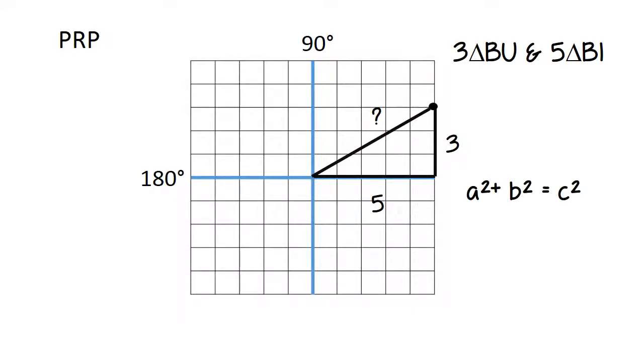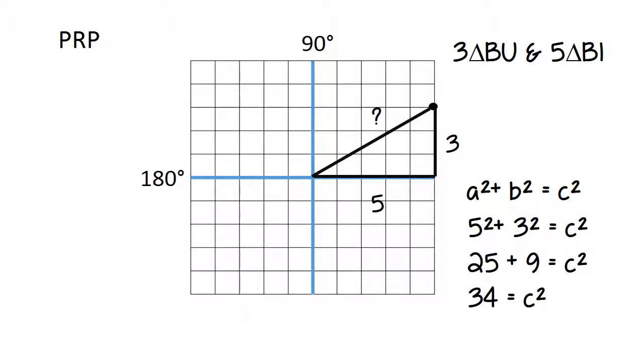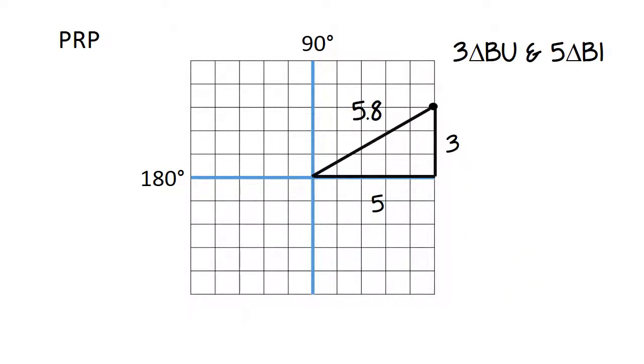Remember, a squared plus b squared equals c squared, the Pythagorean theorem? We just plug in the numbers, solve, and we figure out that the length of the hypotenuse is 5.8 units long. So this can be written 5.8 prism diopters base up and in.